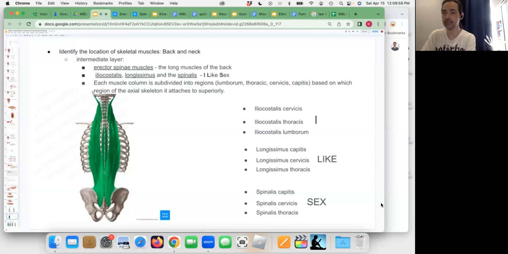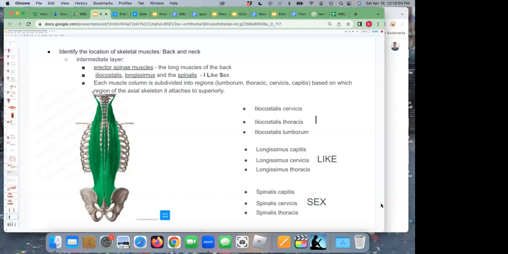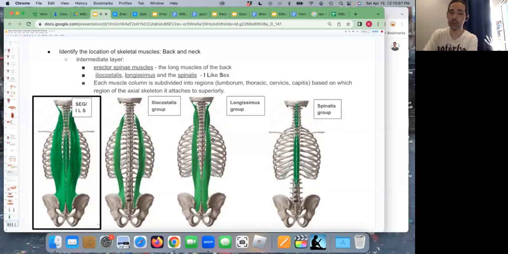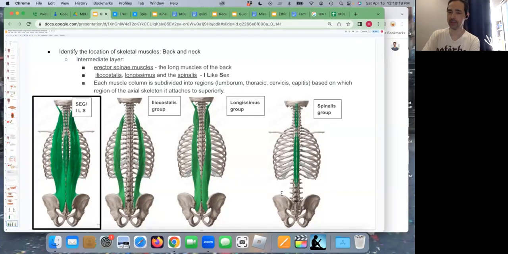Emmy, are you with us? Yes. Hi, Emmy. So the longissimus thoracis, where would you expect to see attachments for the longissimus thoracis? The thoracic spine. That's right.